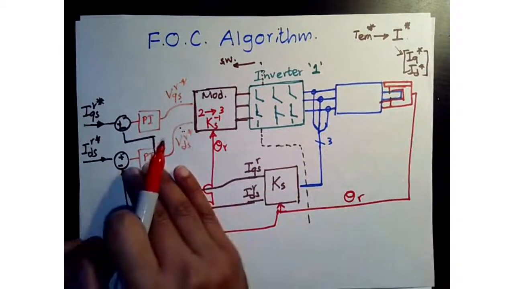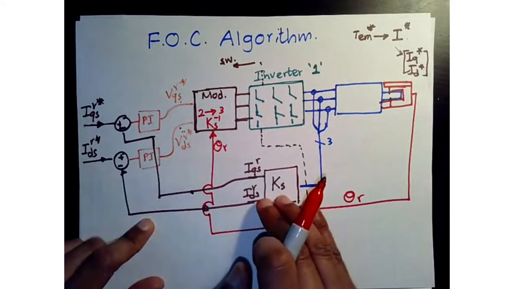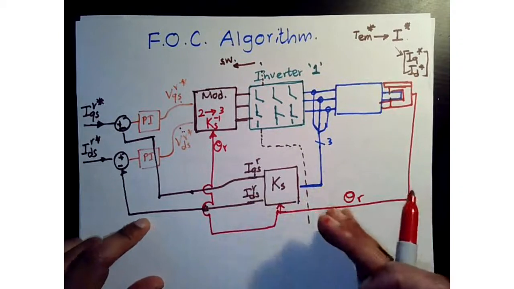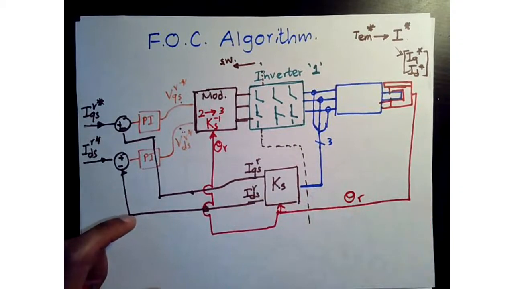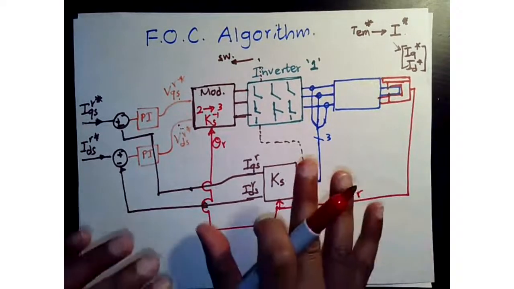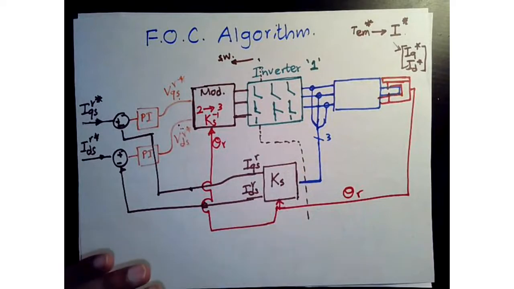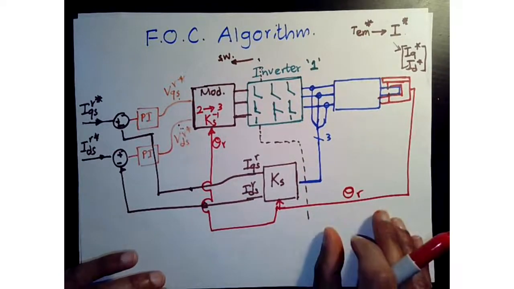Now you can design your controllers assuming the DC behavior of the machine. You're not going to see any sinusoidal current unless there are faults or you have some other issues in your measurement. Now these assumptions get violated and then they move away from that expected behavior.